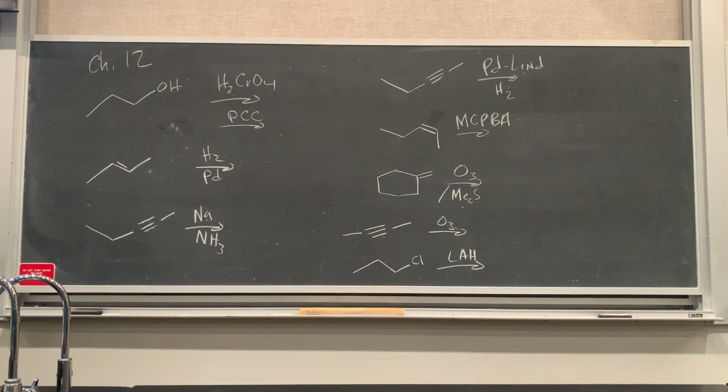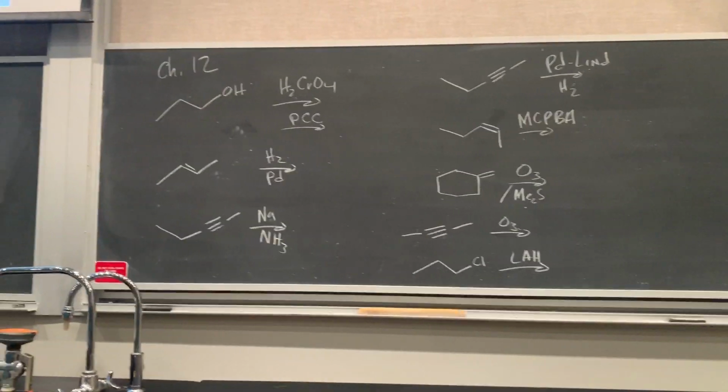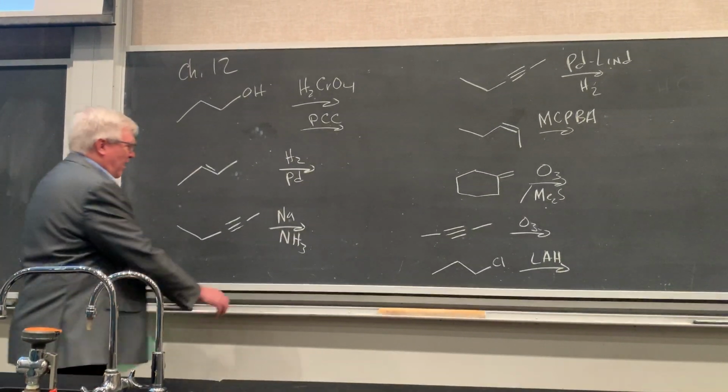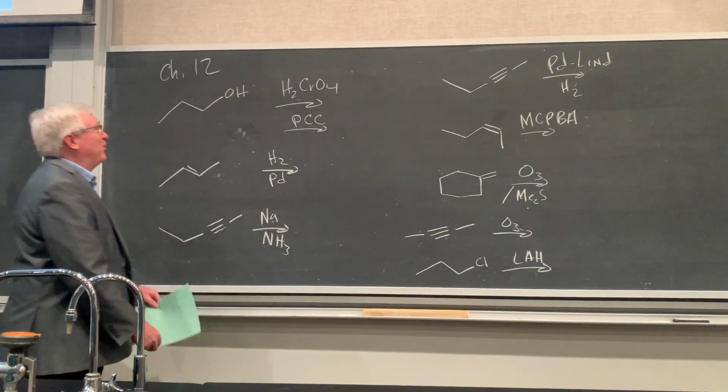Remember, chapter 12, we've got the reduction reactions, mainly with alkenes, and we've also got the oxidation of alkenes and the oxidation of alcohols. So it's a big set of new reactions. It's about, I think, when we count them up, 8 new reactions. So good, let's unpause there and look at this first one.